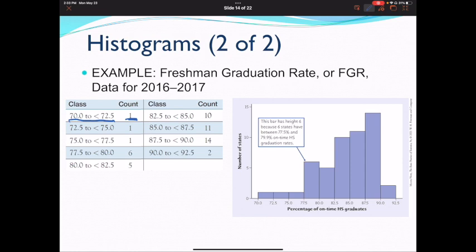We have 14 states that had a freshman graduation rate of 87.5 to 90%. And here's our graph. We can see the distribution. This appears to be left skewed, which I'm actually 2 slides ahead of myself, but this would be a great example of a histogram. You can see that each of these bins has a width of 2.5%, making them equivalent and even.